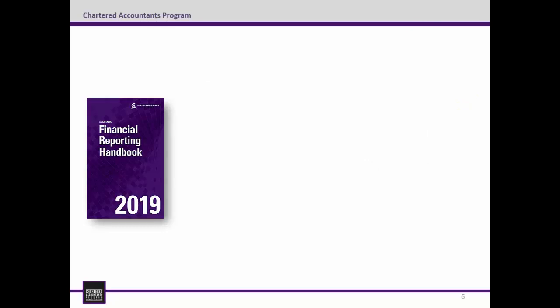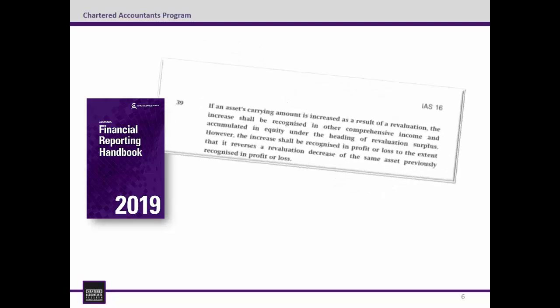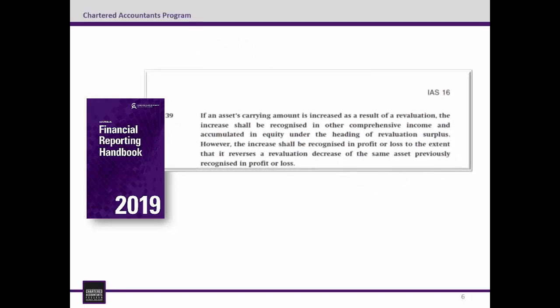Now, the accounting standards can really confuse you on this, so you need to have your wits about you. The standards often talk about items being recognised in OCI, but that's not really true. OCI isn't an account. You'd never put a journal entry to an account called OCI. It's just not an account.